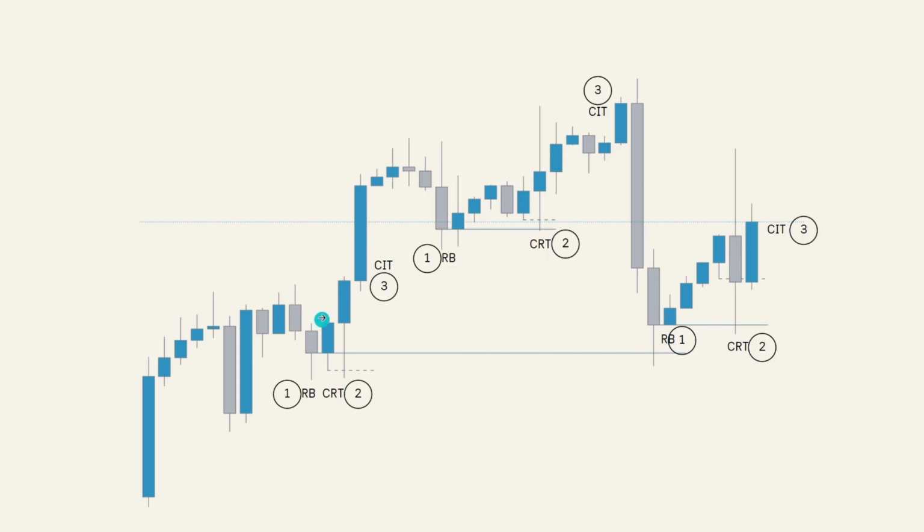CRT high right over there, and the CRT low gets swept out. Price then impulses to the upside. And we have this same model being presented once again. Rejection block, CRT created, tap into the rejection block, and then impulse. Rejection block, CRT created, and then impulse from that.